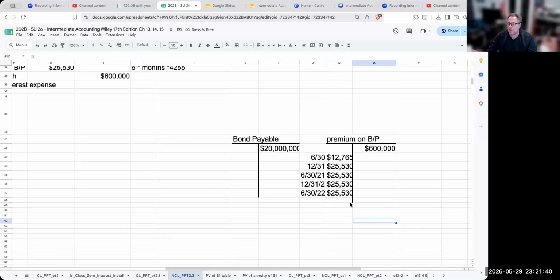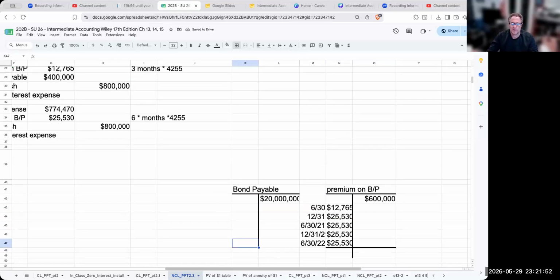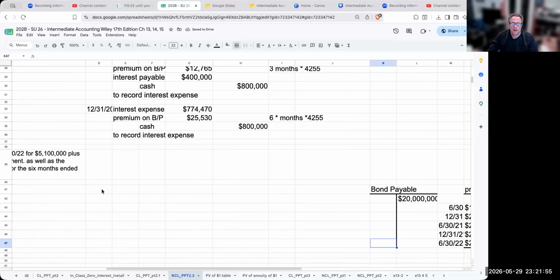So coming over here, let's actually go ahead and do this first. On 6/30/22, I would be debiting interest expense, premium on bond payable, and then cash.